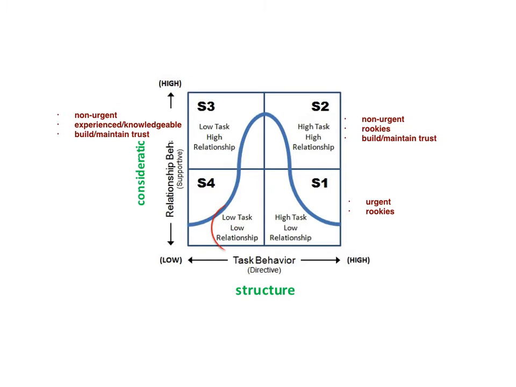In S4 situations, a low structure and low consideration leadership style is best. These are situations where there are minimal demands for a leader. There's not a sense of urgency. Team members tend to be experienced, knowledgeable, and they know what they're doing. Basically, your role as a leader is to get out of the way.